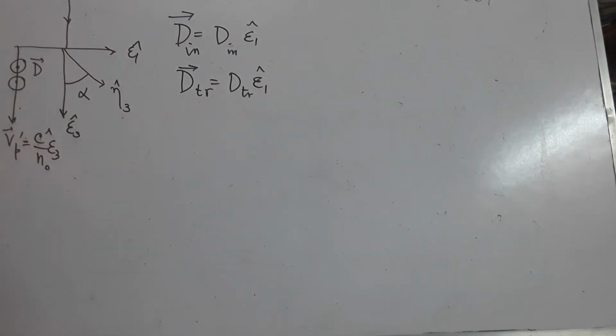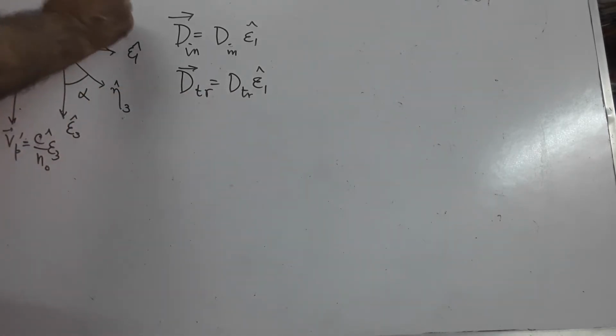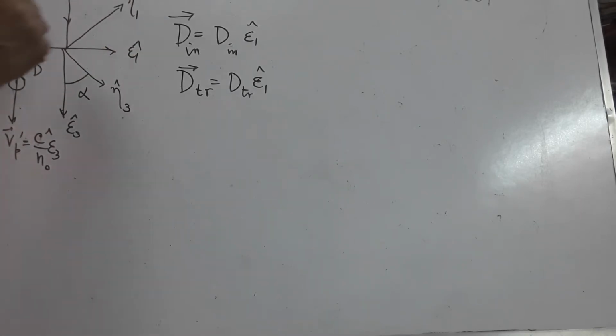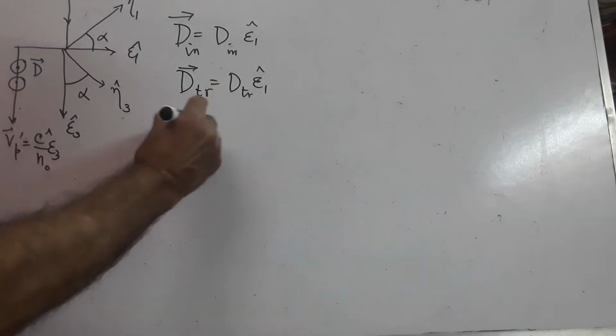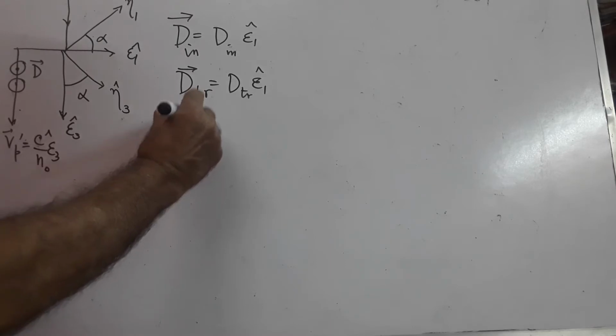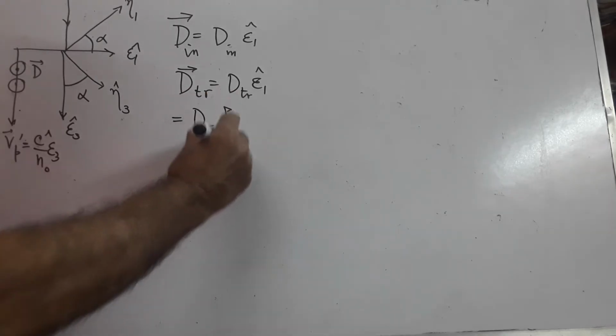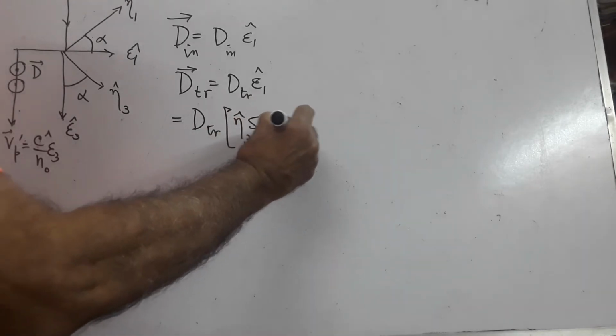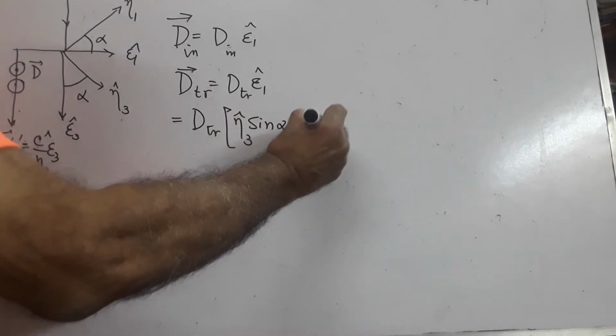But once it is inside, this is not in the direction of the principal axis of the index ellipsoid, and this angle is also alpha. Principal axes are eta 3, eta 1 and eta 2. Eta 2 of course coincides with epsilon 2. So given this, I can rewrite this as D transmitted times eta 3 sine alpha plus eta 1 cos alpha.